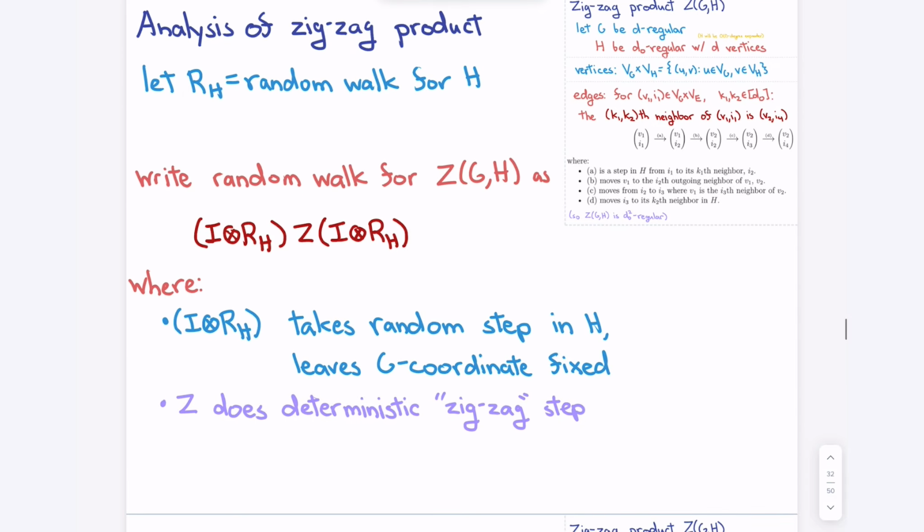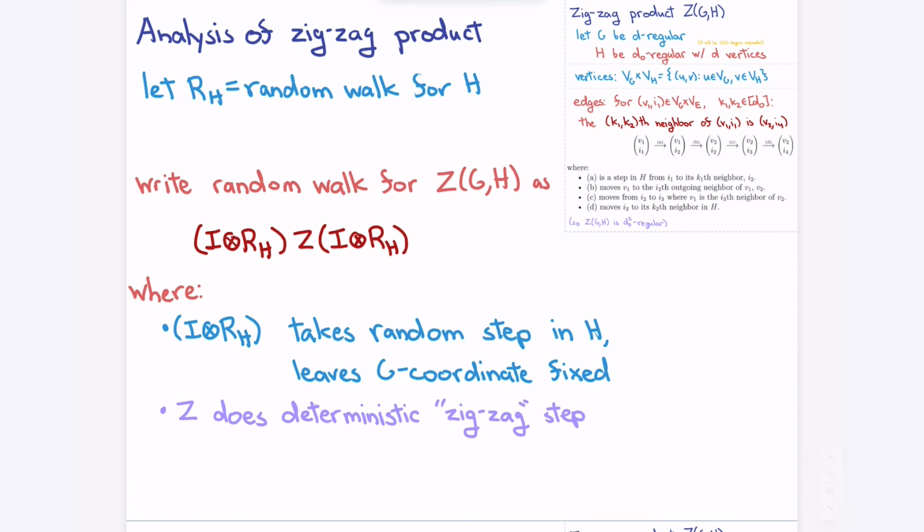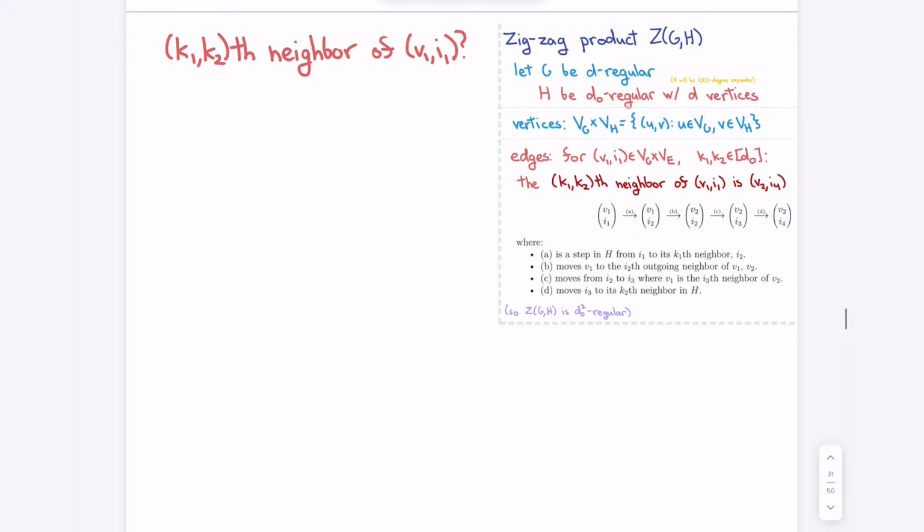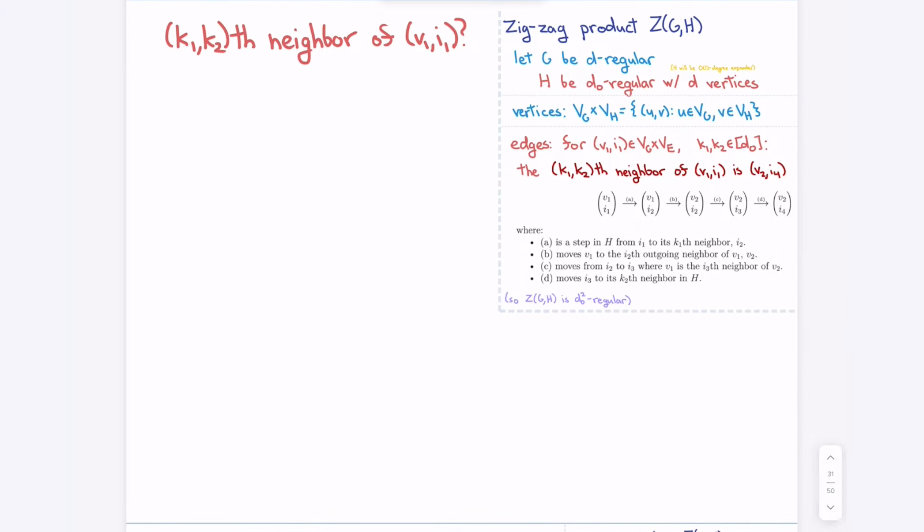So this is the one for the zigzag product. If I have the zigzag product, I need to be able to answer some kind of neighbor query. Again, the zigzag product will have degree d0 squared, so I can think of that as two choices out of d0.